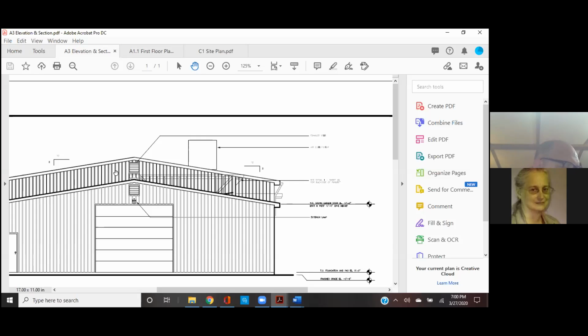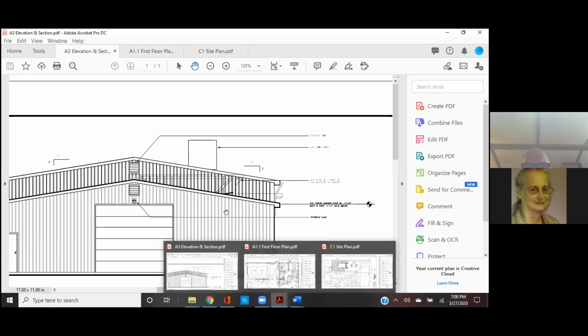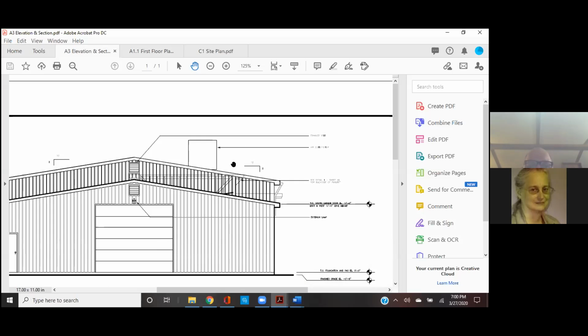Those vents, I've got to find it. Fine, it's on the south elevation. Oh, yeah. Okay. They sit on top of the roof.